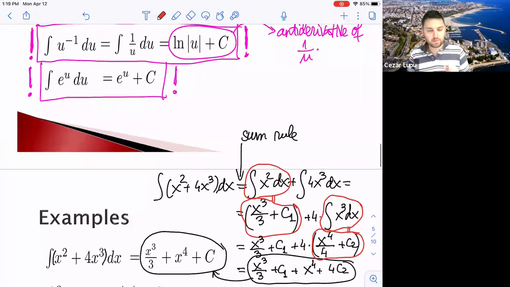Any questions about this example here? Is it clear to everybody? Let's see another question. Because look here, Eric, it's just algebra.